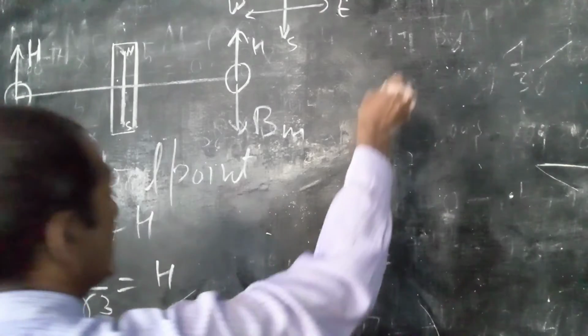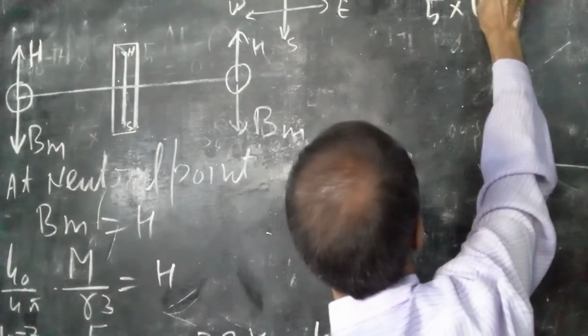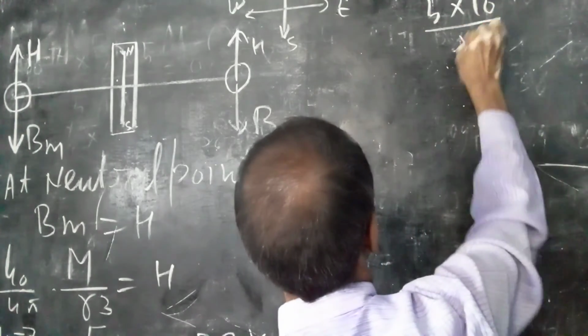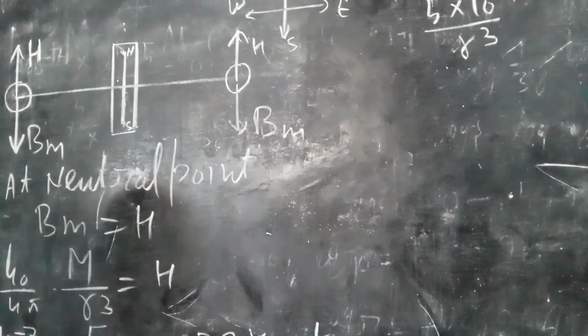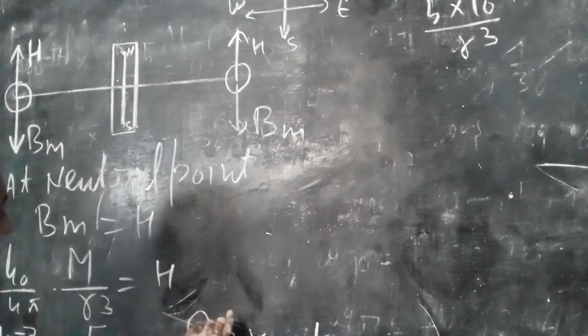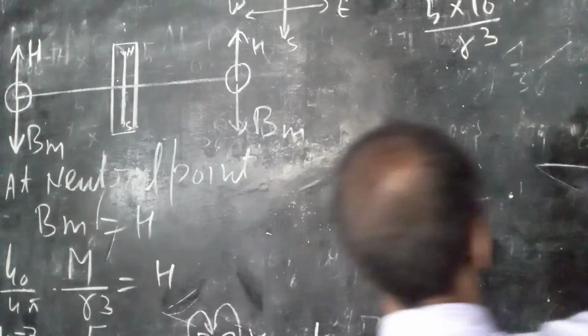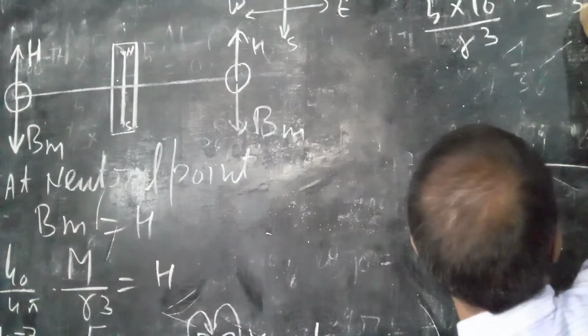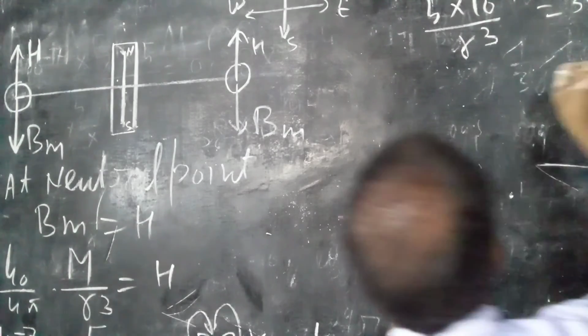So this becomes 5 into 10 to the power minus 7 by r cube is equal to 38. Shift the decimal 2 digits right, then 2 is subtracted from the power of 10. So 38 into 10 to the power negative 4 minus 2.